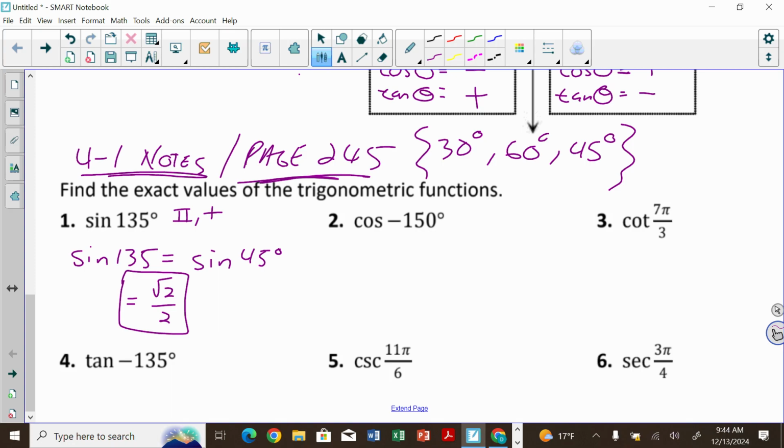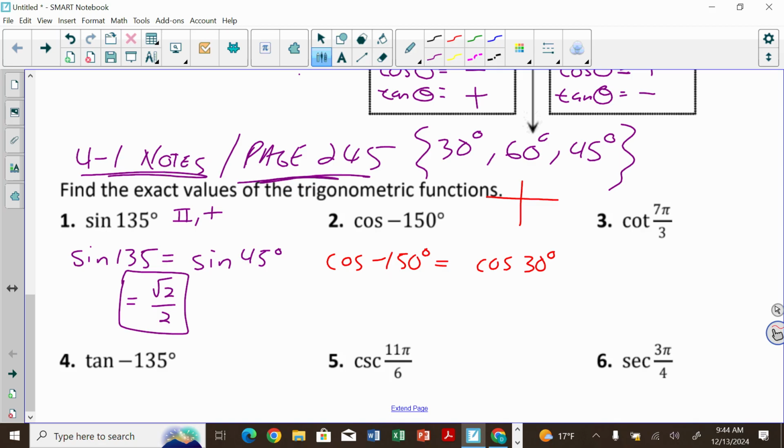So cosine of negative 150. If I try to find the reference angle, it's going to be cosine of 30 degrees. But I put a little space here because where are we lying? Here's my XY axis.